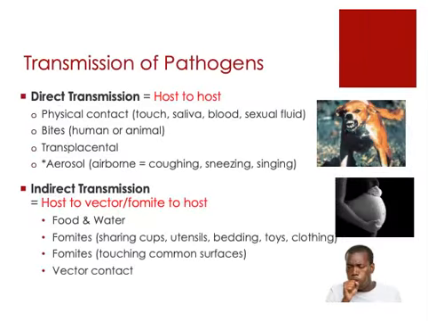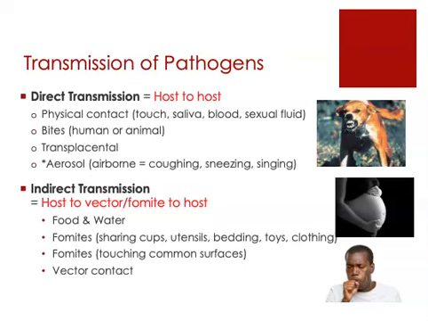The last thing we're going to be talking about today is the transmission of pathogenic microbes. On this slide, you can see a comparison between what's known as direct transmission and what's known as indirect transmission.